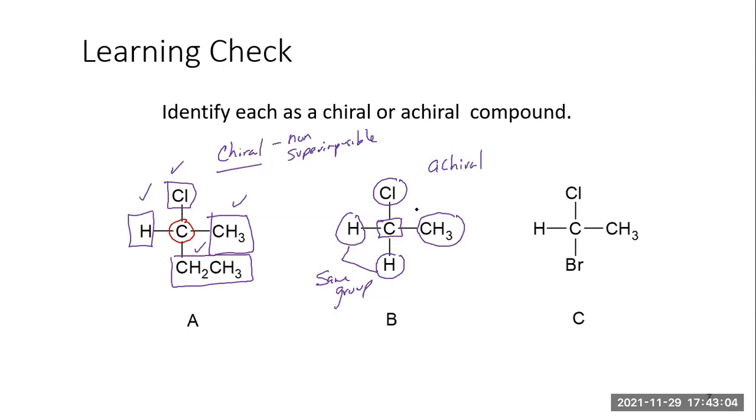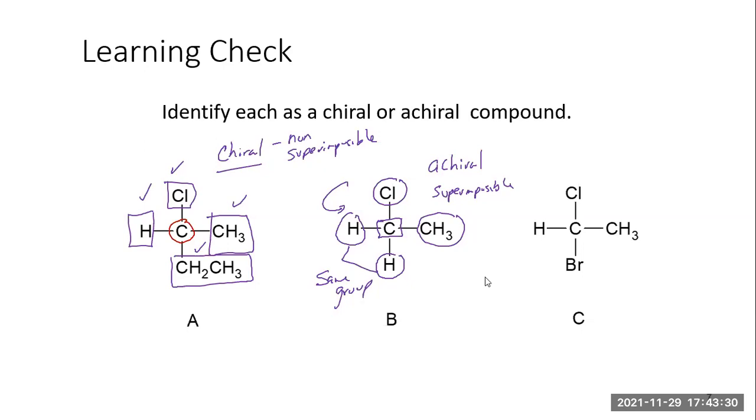Because of that, when we cozy this up to a mirror, its mirror image should be superimposable. Again, with some rotation, we could get it to line up perfectly with the mirror image. Any questions on that one?